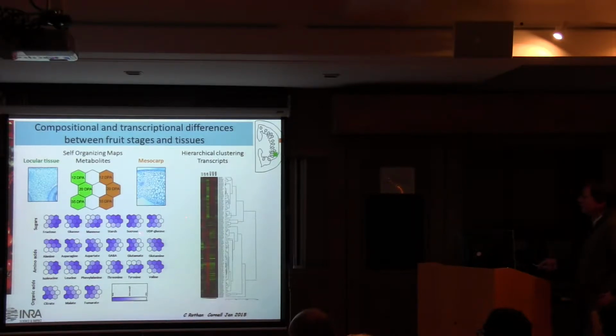For example, if you look at sucrose here, it mostly accumulates in the locular tissues, and the same for GABA and so on. So clearly, we have two tissues that are evolving during the cell expansion, but that are also different. And we did the same for transcripts.